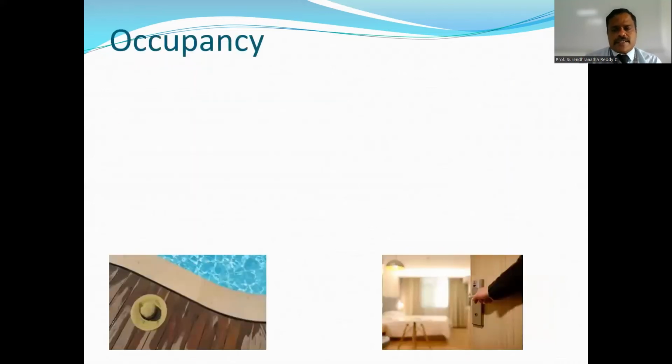The next stage is occupancy. During occupancy, you make requests to the front office about various services you are entitled to get, such as food or other facilities at the hotel.